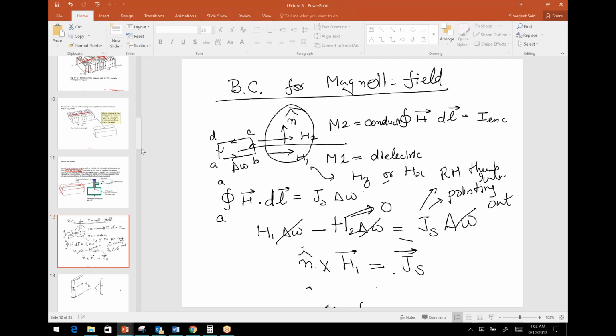You first assume that the conductors are perfect, that the resistance is zero, and then you calculate the electromagnetic field.